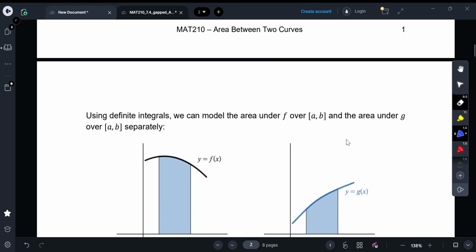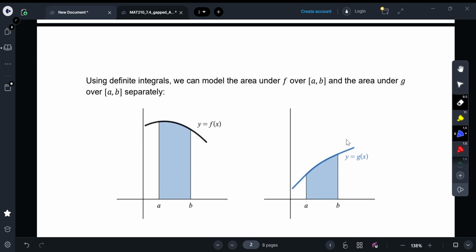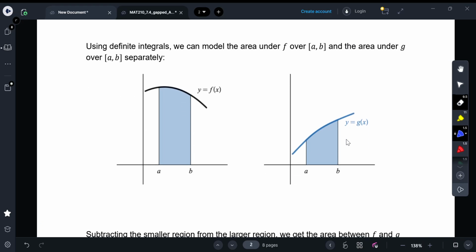Using definite integrals, we can model the area under f like I told you. This is the area under a curve from x going from a to b, and the function is f of x. I can write this as a definite integral from a to b of f of x dx.